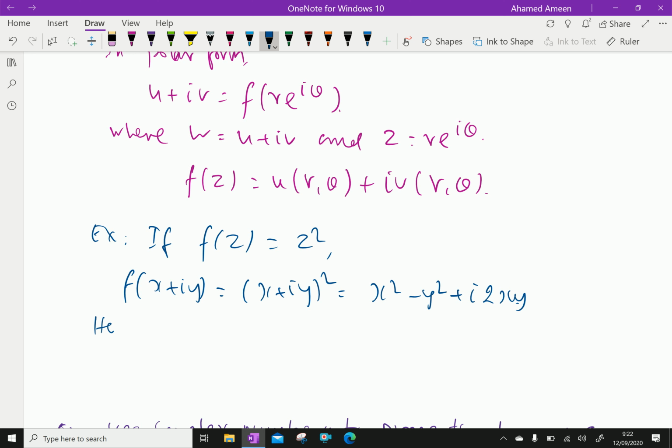Hence, we can say u of x comma y, the real part, is x squared minus y squared, and v of x comma y equal to 2xy.